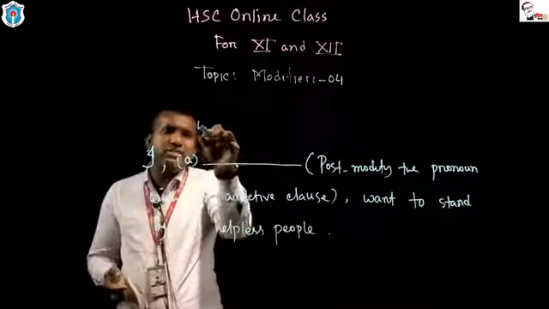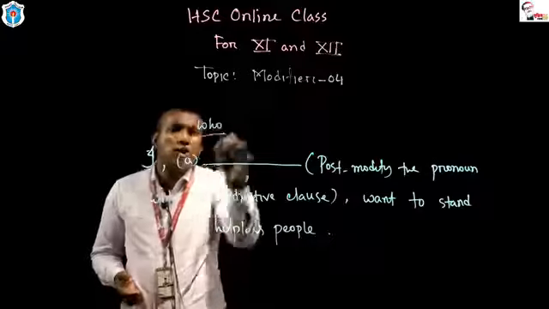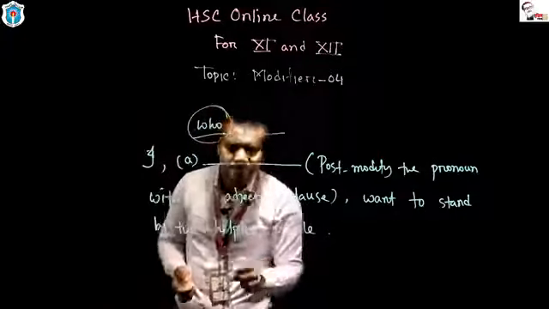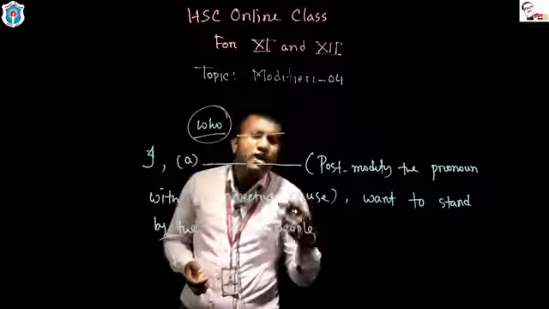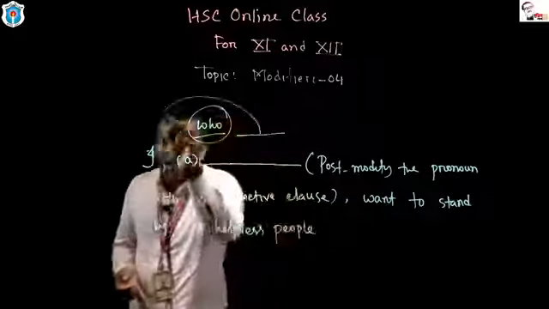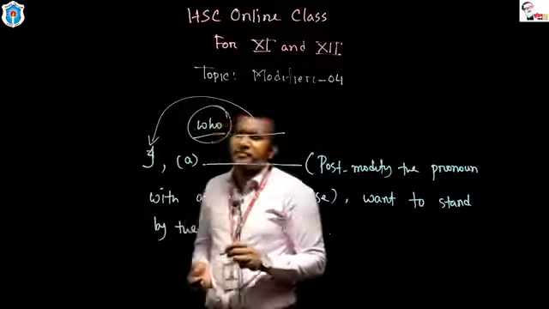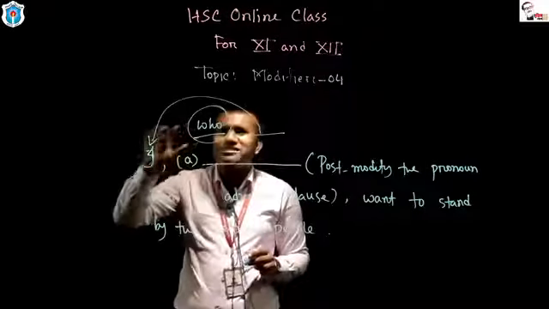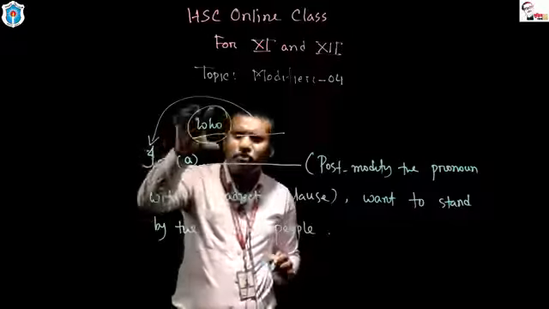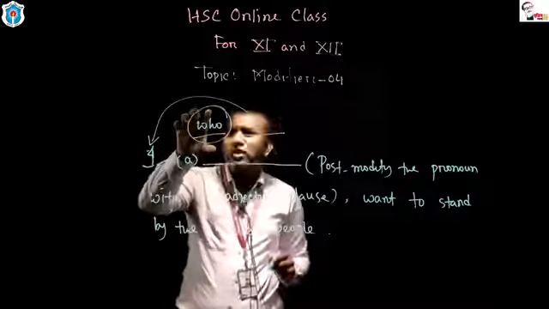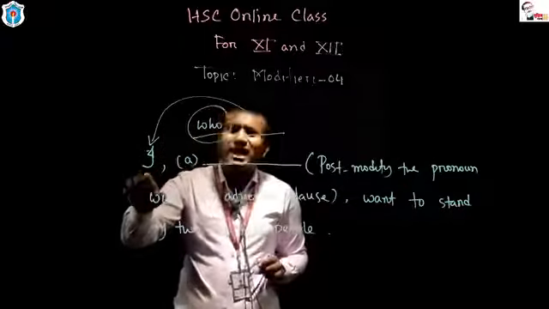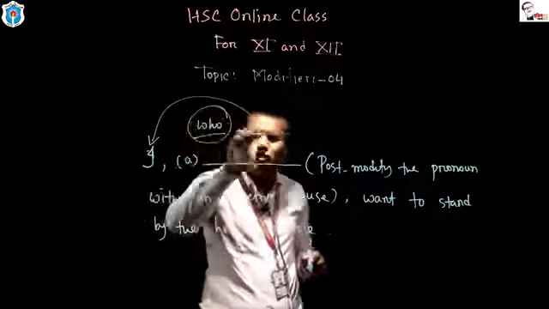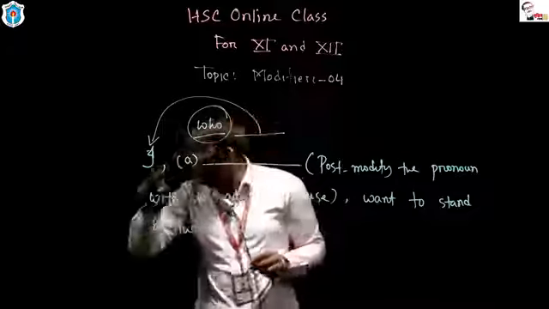If anybody is willing to use "who" as a relative pronoun, and if you take a verb here, please try to determine the verb according to the antecedent. The noun or pronoun which takes its position before a relative pronoun is called the antecedent, and the verb after that relative pronoun will be determined according to the antecedent.